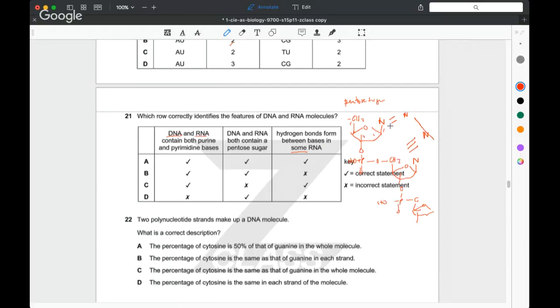And for DNA, you're having adenine, and that's forming 2 hydrogen bonds to thymine, and then you've got guanine, and that's forming 3 hydrogen bonds to cytosine.